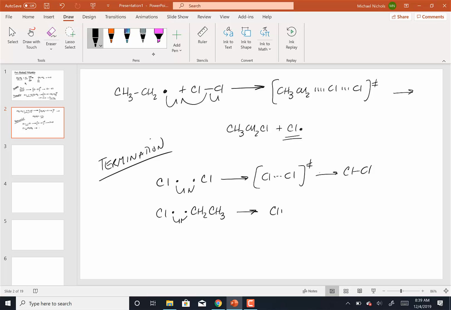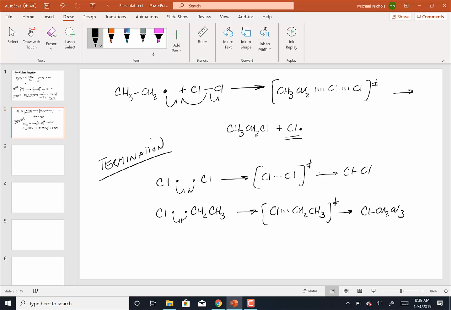I would end up forming a carbon-chlorine bond in my transition state, and I would get a molecule of the product that I had already made. So the first termination step is A reacting with A, the second is A reacting with B.